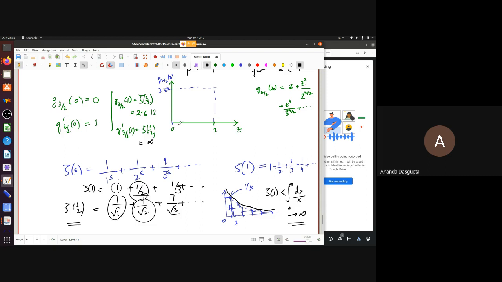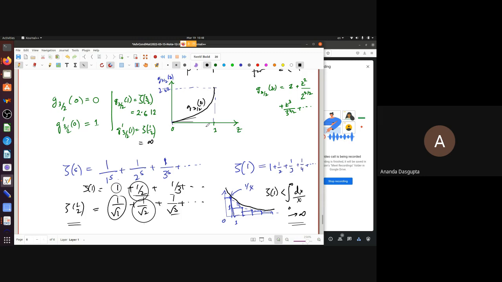So basically, when you try plotting this graph, it will look something like this. Sorry, you have to excuse my poor drawing skills, but this is what g3 by 2 of z will look like. The slope here, this angle should really be 45 degrees, and it is. Remember, the two sides are not being drawn to the same scale.